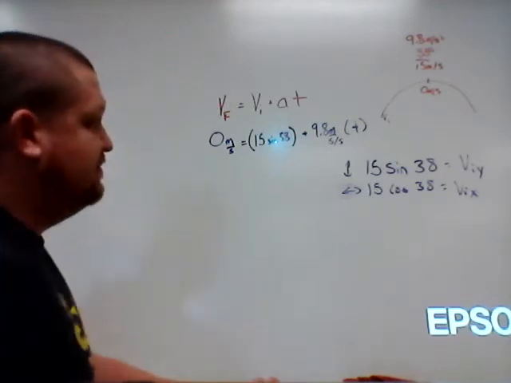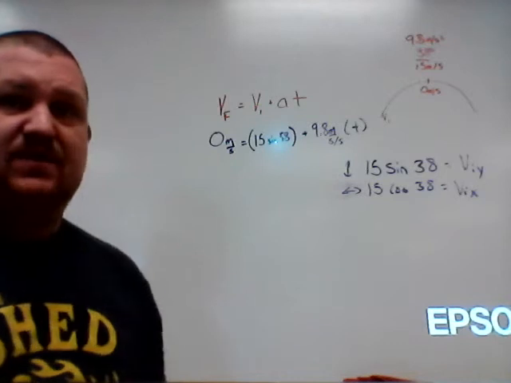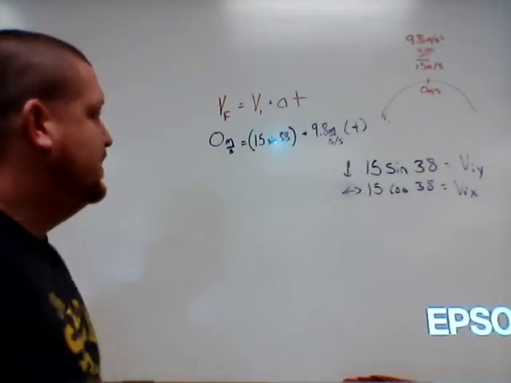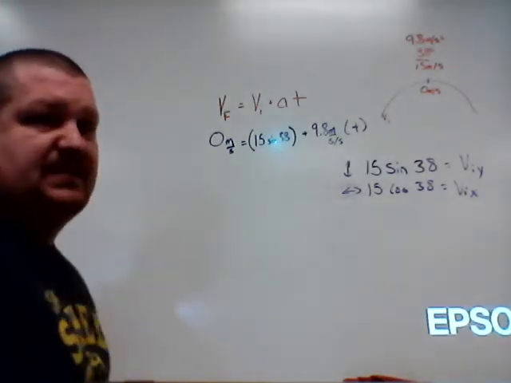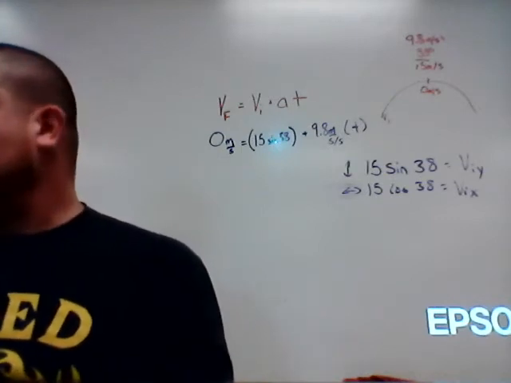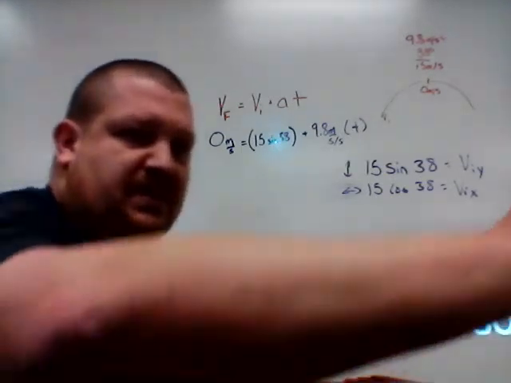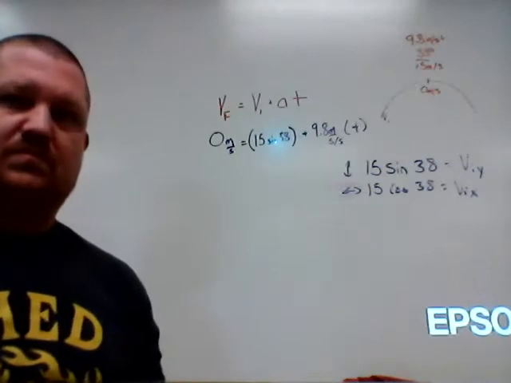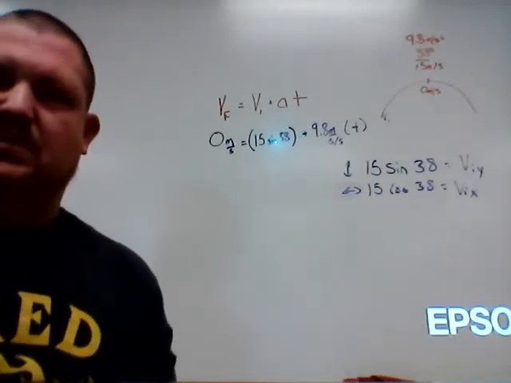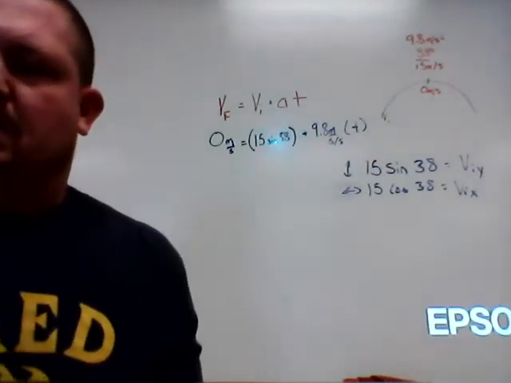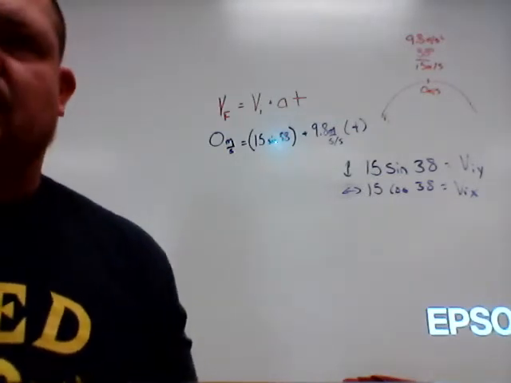Now, to solve this, we go ahead and figure out what this is. Here's my calculator. I'll work through this one in a little more detail with you than the other one.